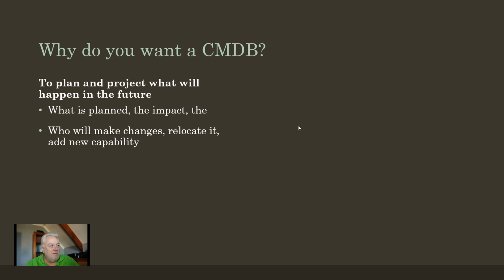Who will relocate it? So, in other words, let's say, for instance, I'm updating some software. Now I'm picking up that there's a change that's been logged against a specific CI. I can understand that in the future there will be a change. This is when that specific change is planned. And this is the person who will be doing the change.